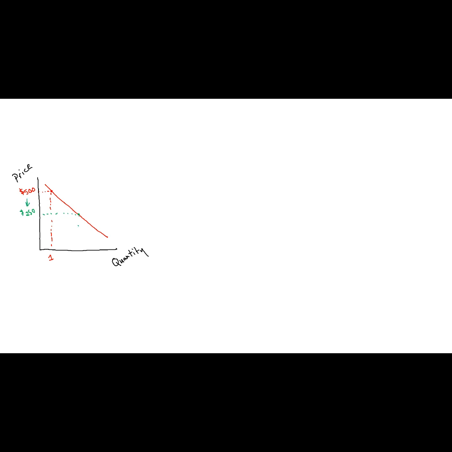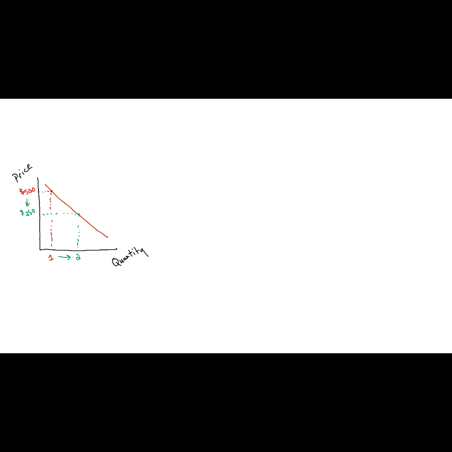And so we have a new quantity, and I'm just going to say 2. All right, and so that is our basic demand curve, which represents all potential buyers in a market.